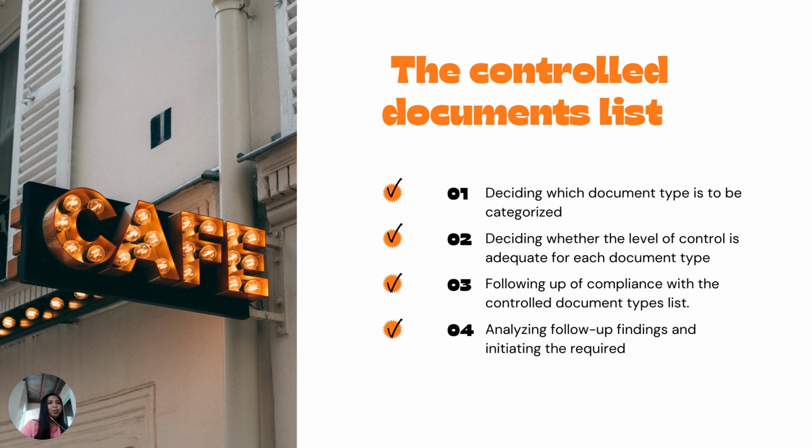They are also responsible for deciding whether the level of control is adequate for each document type categorized as a control document. Also, to follow up the compliance with the control document type list, a subject that can be incorporated in the internal quality audit plan. They are also responsible for analyzing follow-up findings and initiating the required updates, changes, removals, and additions to the control document type list.